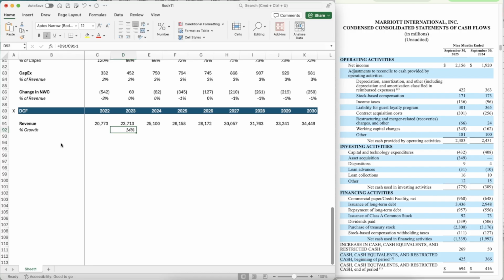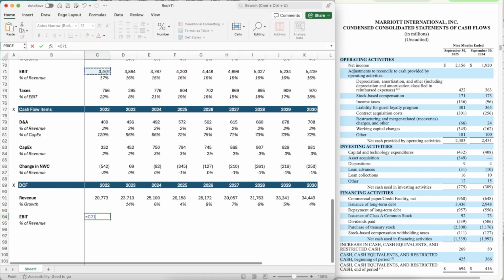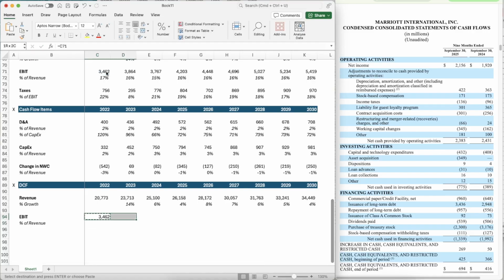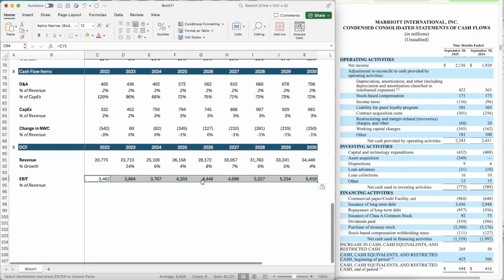Control shift. There we go. Oh no, no, just do this up to 2025.